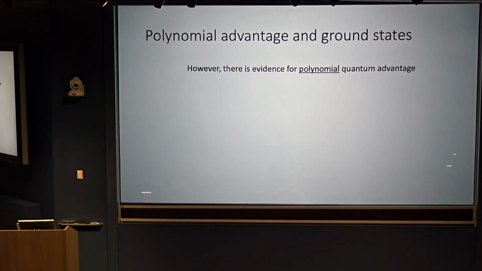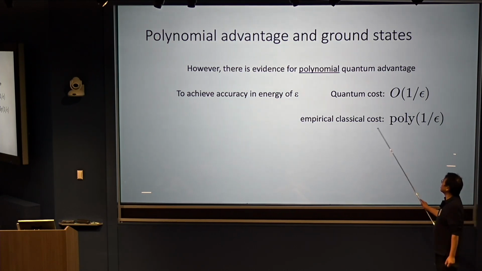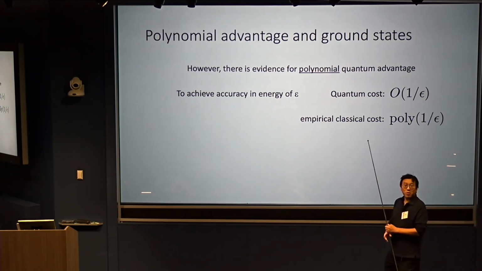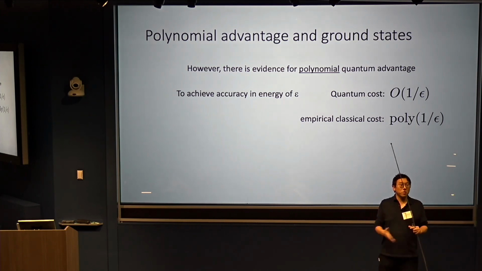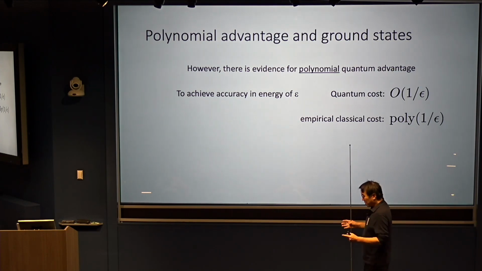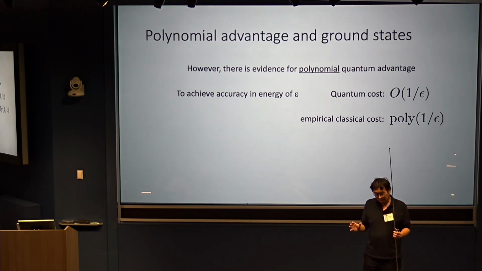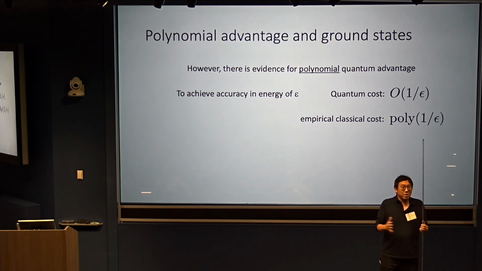And the reason is, again, about this problem of precision in classical simulations. I already argued that in the classical simulations and classical algorithms we know today, if you want to increase the precision, the cost that you need is some polynomial in the inverse precision. But in a quantum system, in the ideal quantum algorithm, the precision you get in an energy estimate is given essentially by the uncertainty principle.